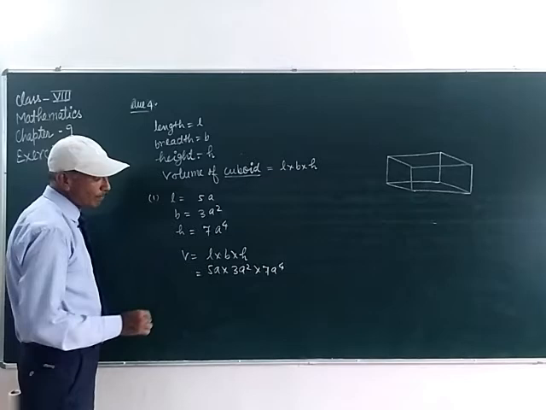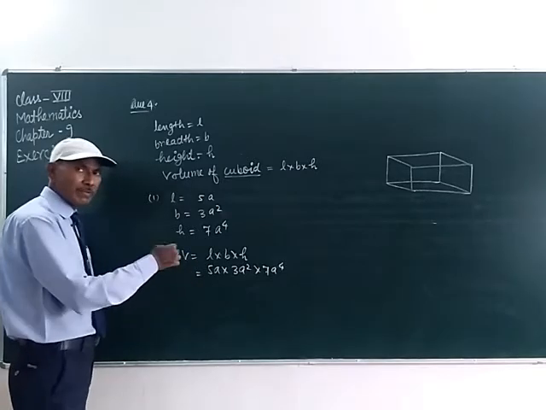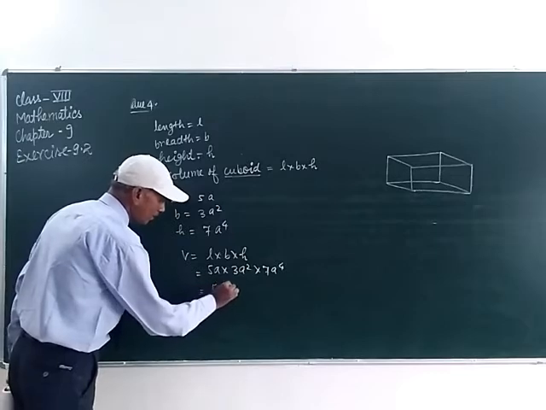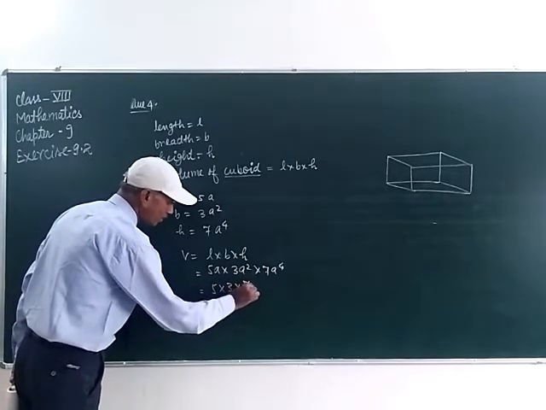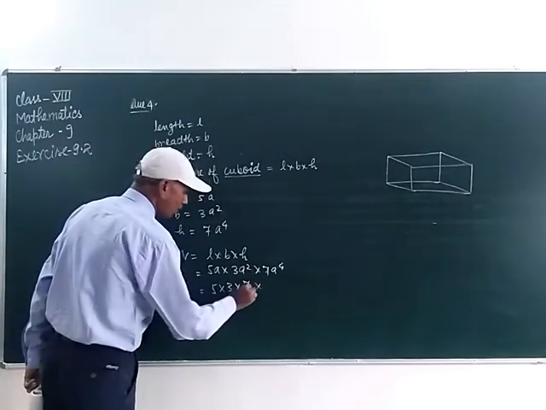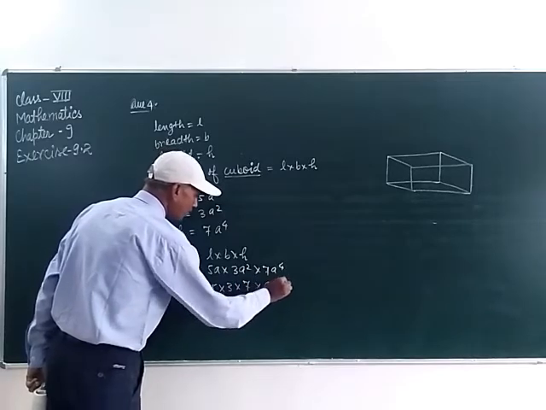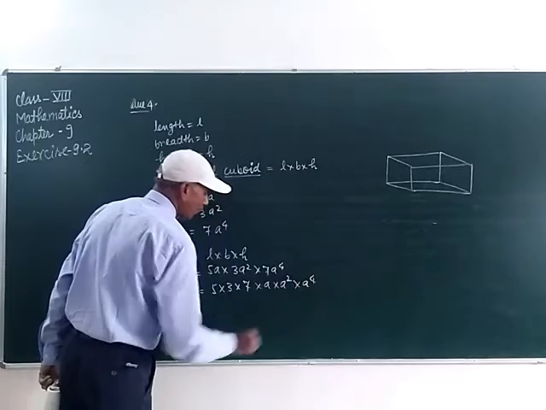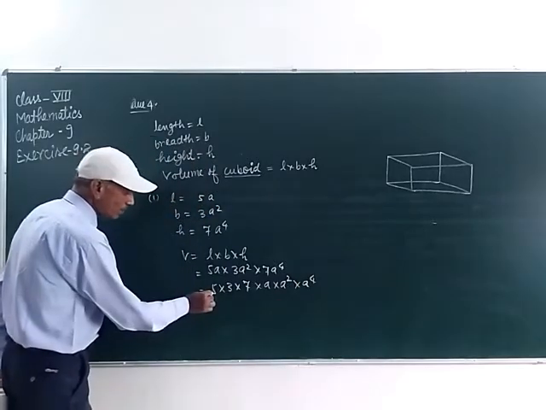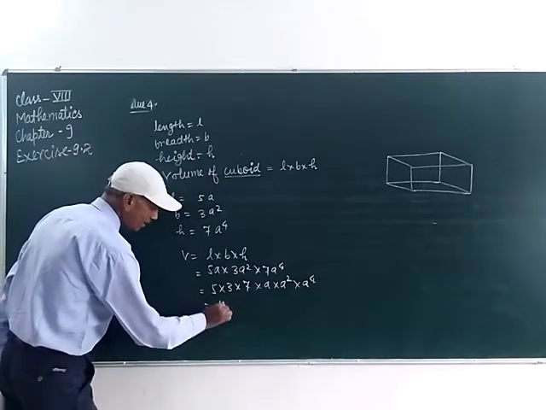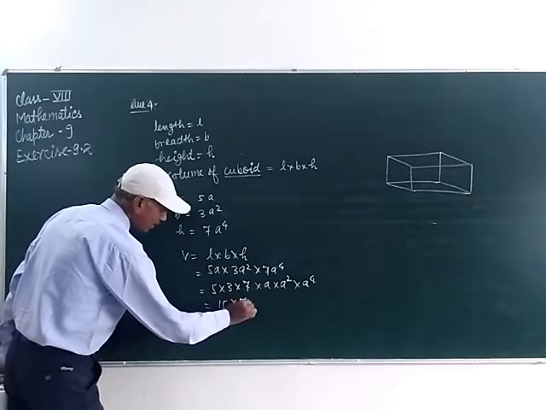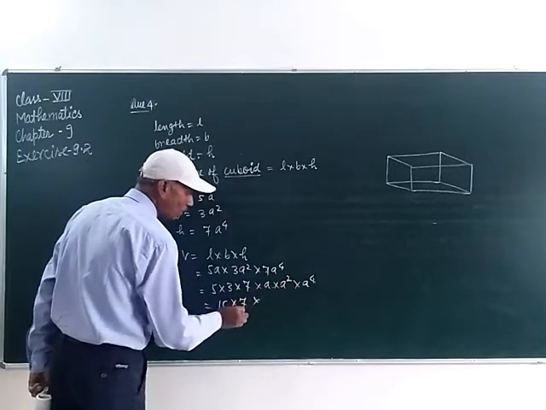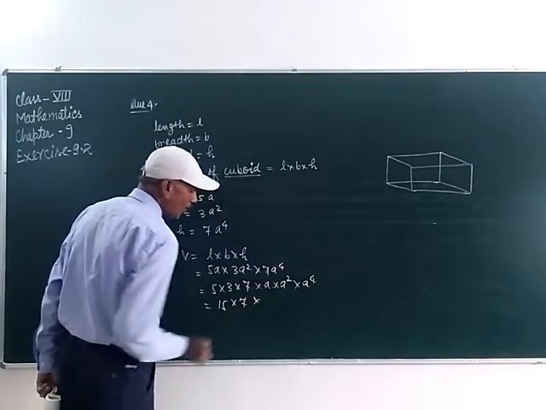Now we have to multiply numbers with numbers and variables with variables, student. So 5 into 3 into 7 into a to the power 1 into a to the power 2 into a to the power 4. So in this, student, 5 3s are 15 into 7, into a to the power 1, 2 and 4.